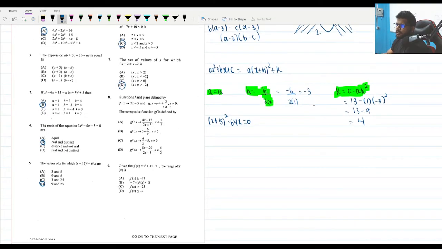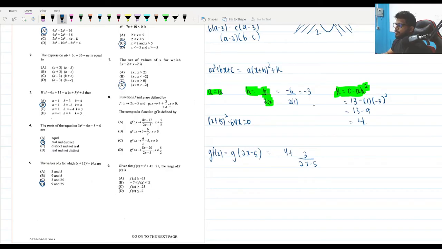F of x, g of x, g f of x. So I want to know what g f of x is, which is g of 2x minus 5, which is equal to 4 plus 3 over 2x minus 5. And they did simplify it.